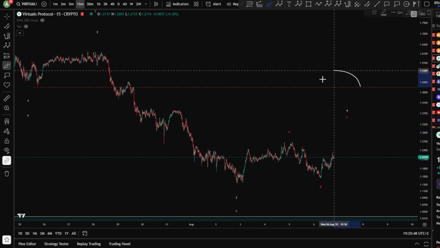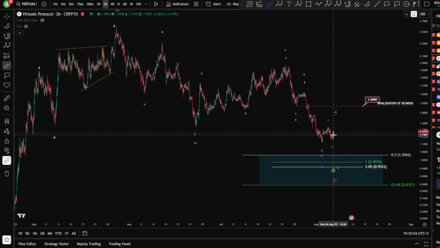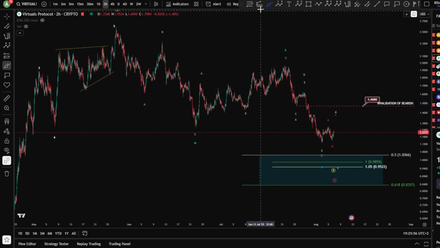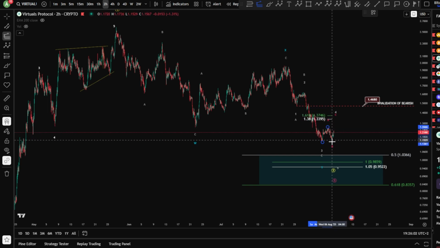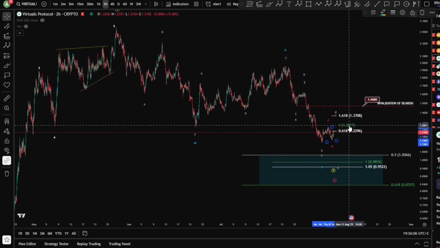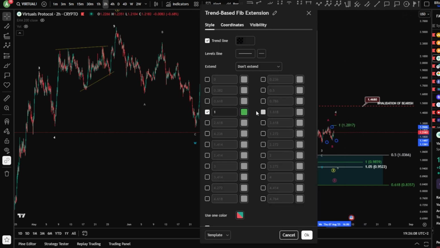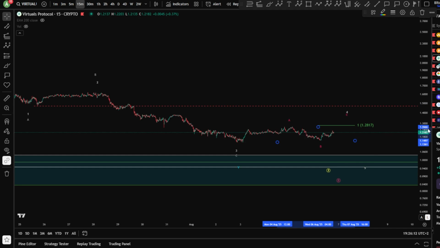ABC as a wave 4, you would like to reach the invalidation level at 1.46 to make sure that you are bullish here. But of course, if you unfold this above the 1 to 1 Fib level taken from the highs here to the low, we can start to think about a bullish scenario, where we might see it here on the 15-minute chart at the 1.28.